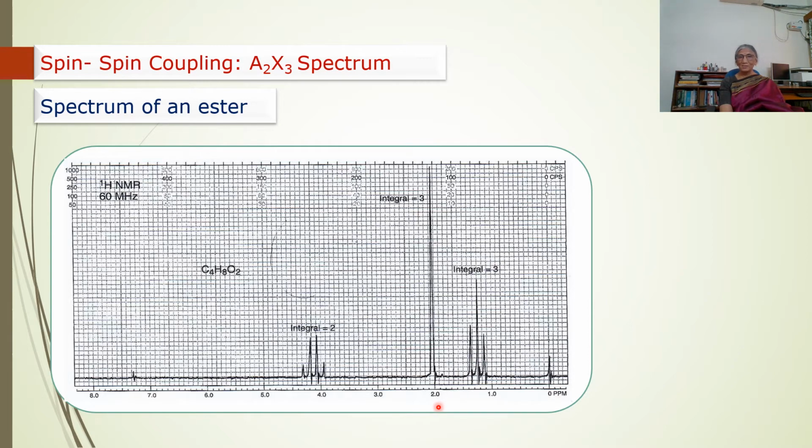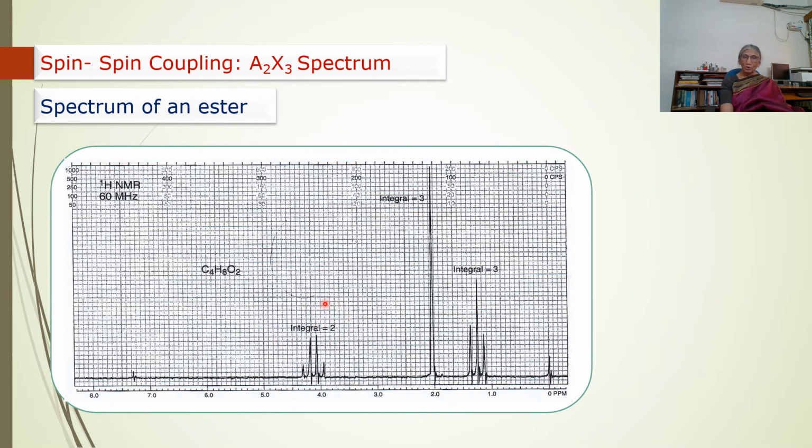Another signal, seen at 2 ppm, is given by 3 equivalent protons, and it is a singlet. The third signal, seen at 4.1 ppm, is a quartet and is given by 2 equivalent protons.